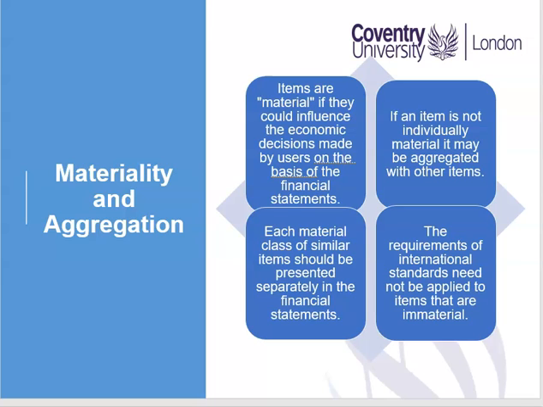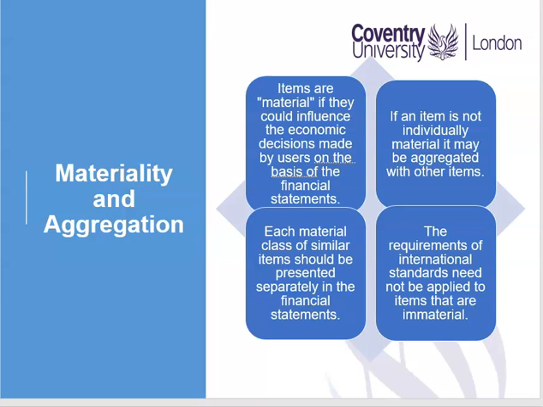Materiality and aggregation. Well, items are material if they could influence the economic decisions made by users on the basis of the financial statements. So in that case, the item is material only if it has the potential to influence economic decisions.